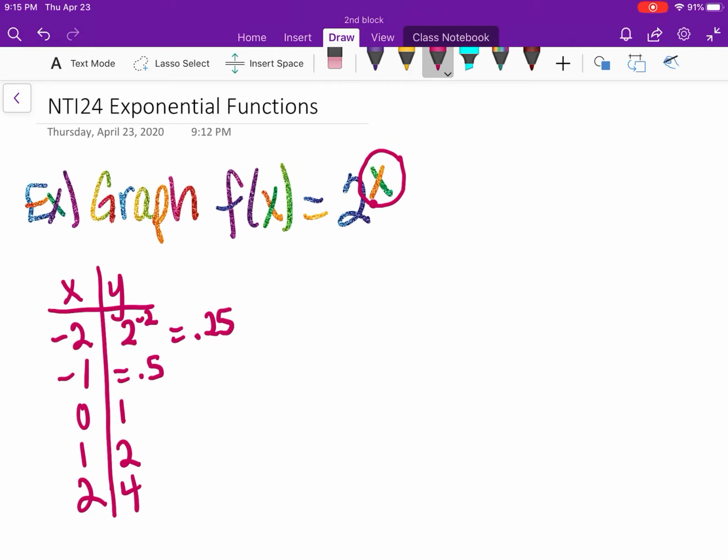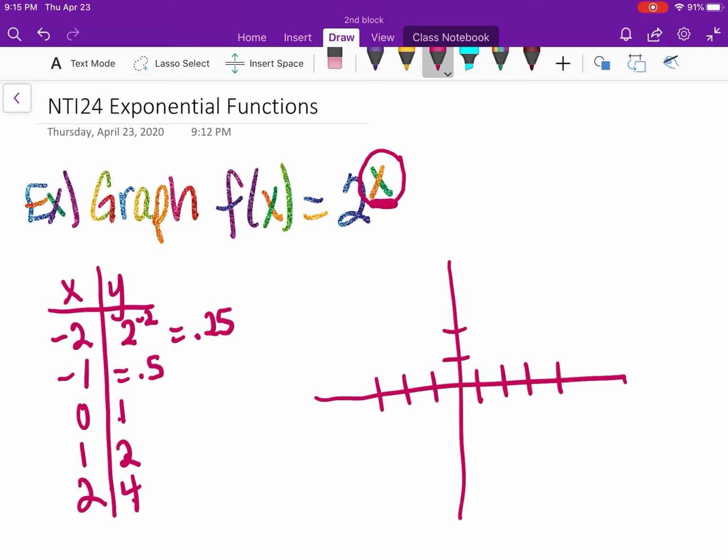I just substituted all of these x's in here, just like I did for 2 to the -2. This is 2 to the -1, 2 to the 0, 2 to the first, 2 squared. You could substitute those in on your calculator. And then when we make our graph, we're going to graph -2 and 0.25.